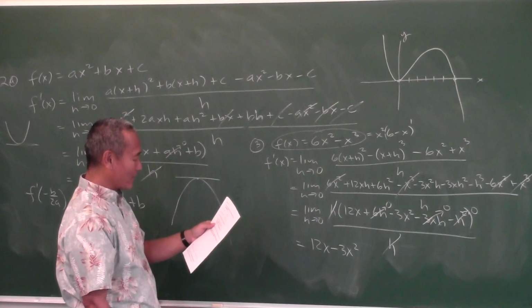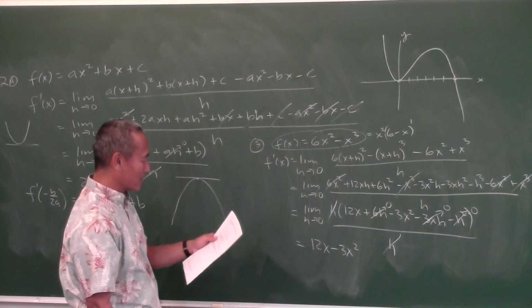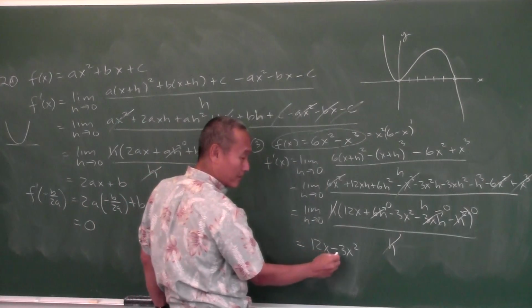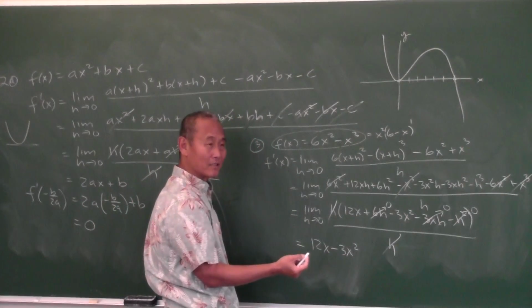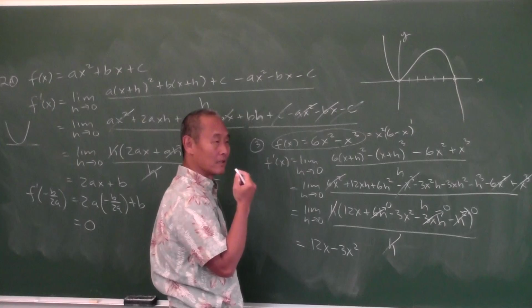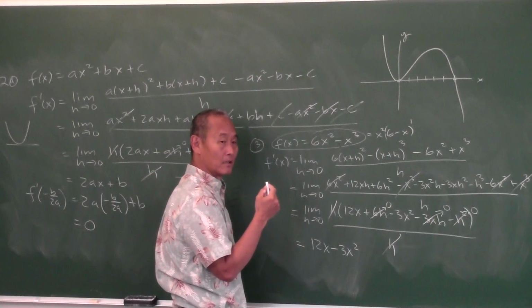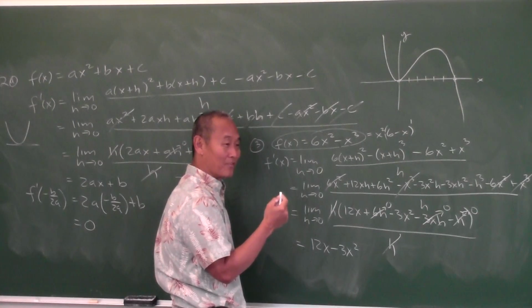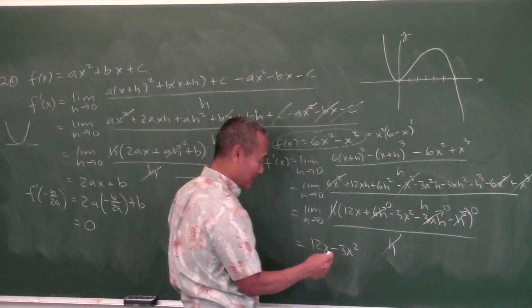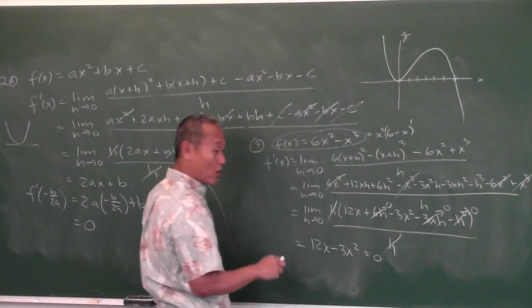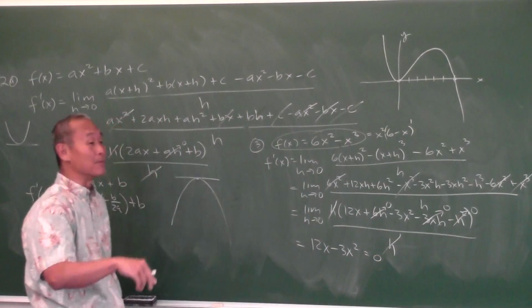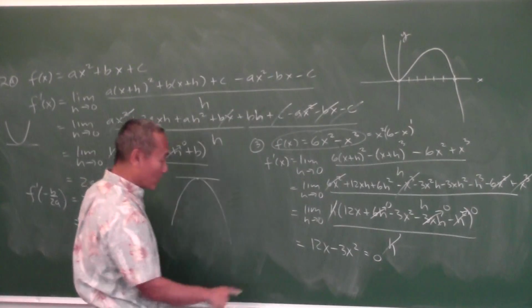For what values of x is the derivative equal to 0? Well, here's the derivative. And what does the derivative tell you again? The slope of the tangent line. So I want to know, where is the slope going to be 0? Well, here's the derivative.